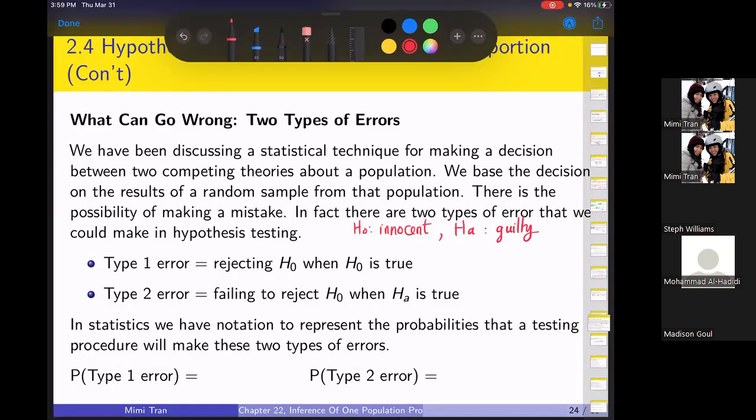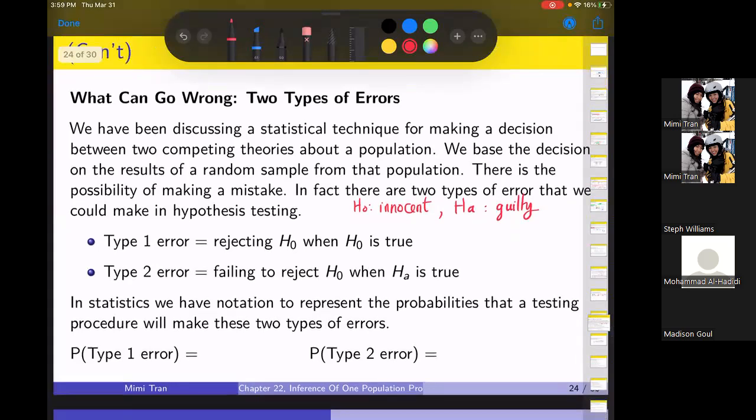Now, type 1 error says that you reject H naught when H naught is true. That means you convict someone when that person is actually innocent. H naught is true, that person is innocent, but you make a mistake and you convict that person. You want this error to be very small.